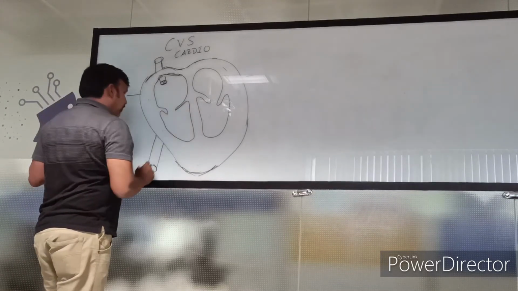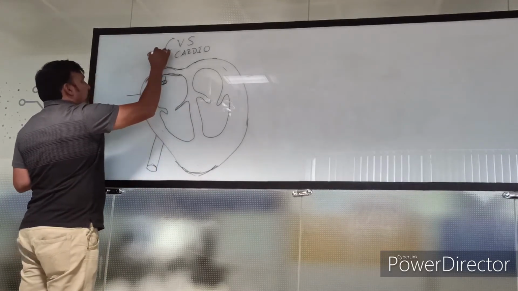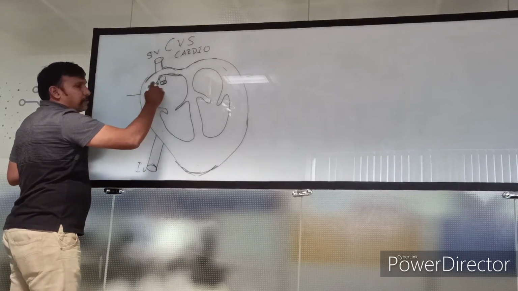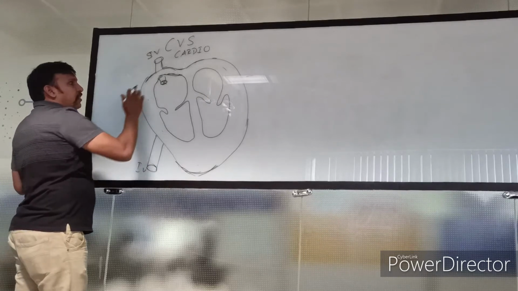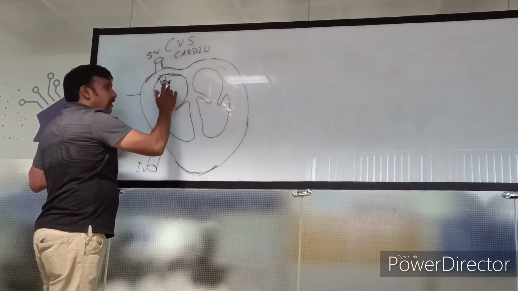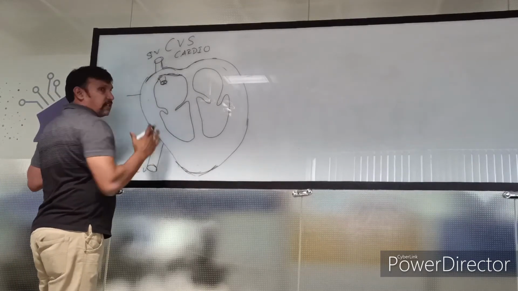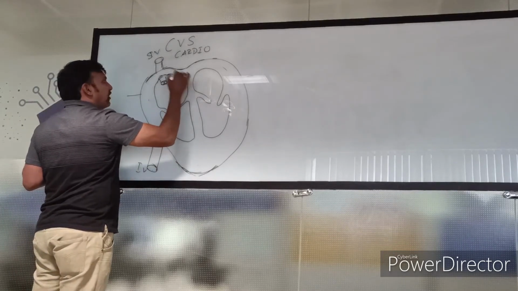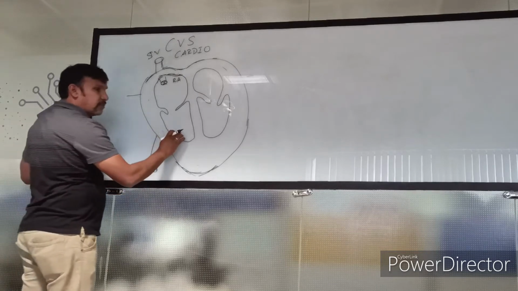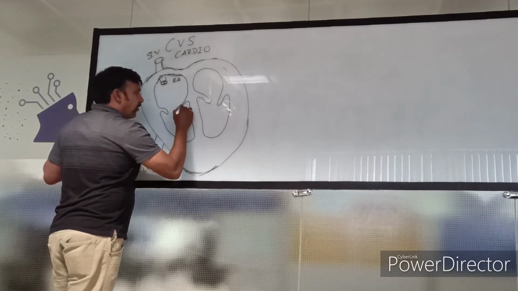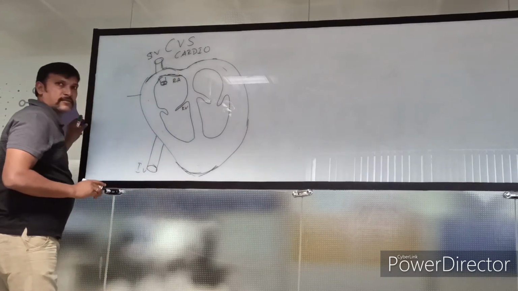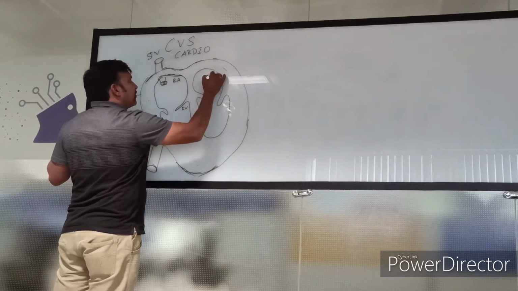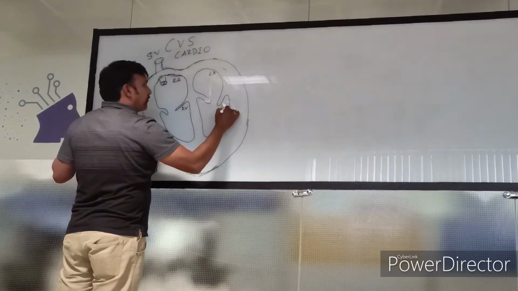Now, I told you, superior vena cava, inferior vena cava, all of that will come and pour the impure blood into your heart. We are talking about the right side. So this is RA, right atrium. What is this? Right ventricle. Clear till now? Then this is left atrium, left ventricle.